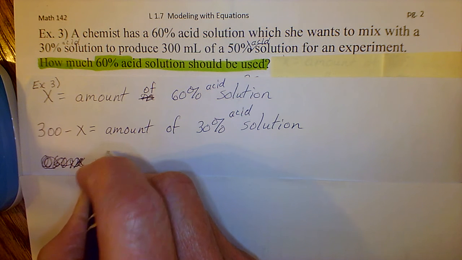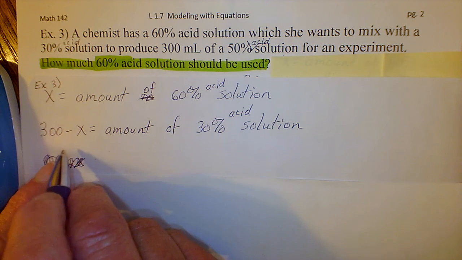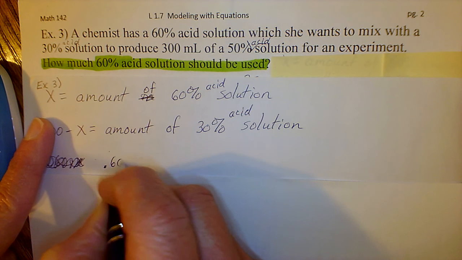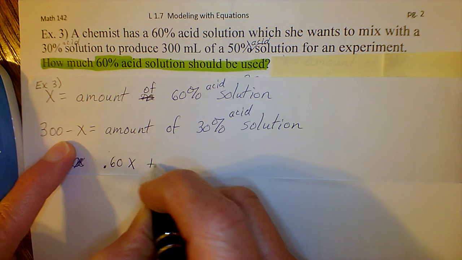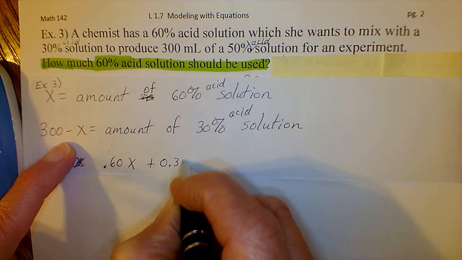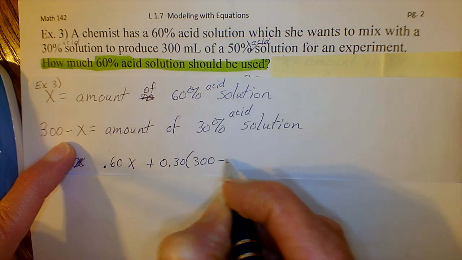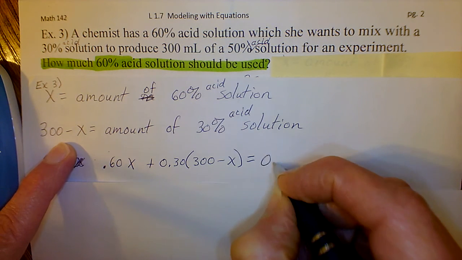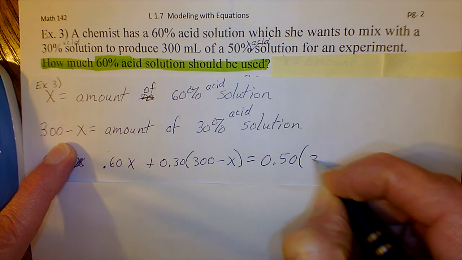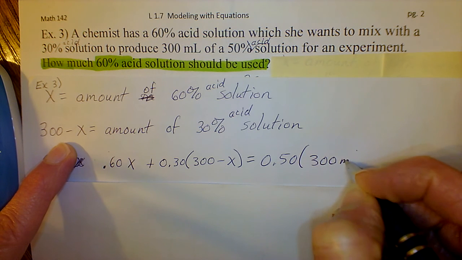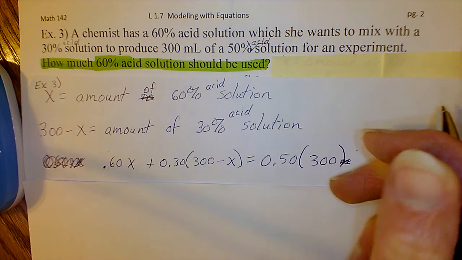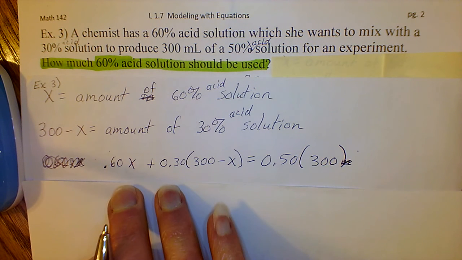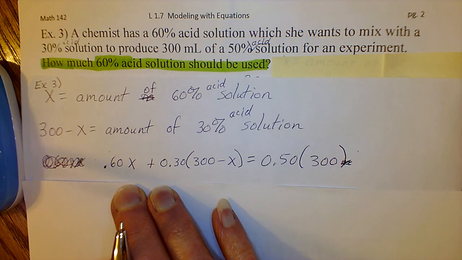So when we take this 60% acid solution, so the 0.60 times x, and add to it the 30% acid solution, which was 300 minus x is how much of that we had, then we'll get a 50% acid solution and a total of 300 milliliters of that. And so this is our equation that we can use to relate what's going on in our problem.